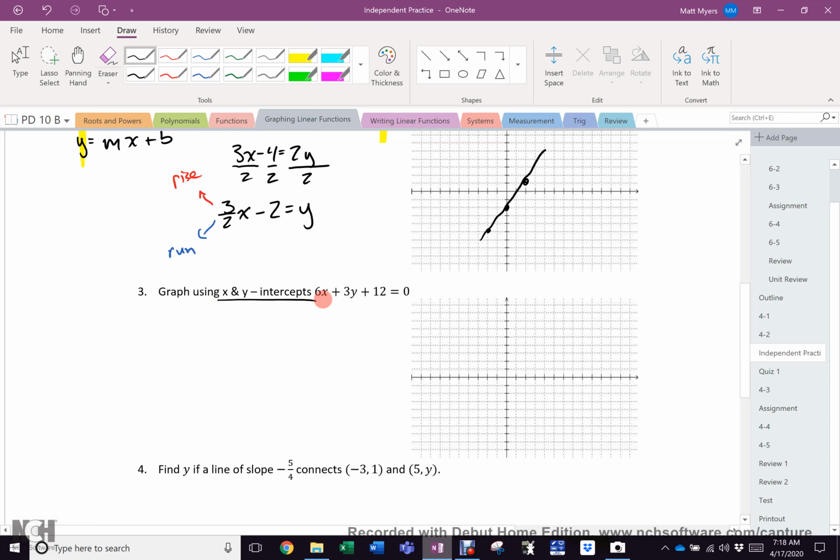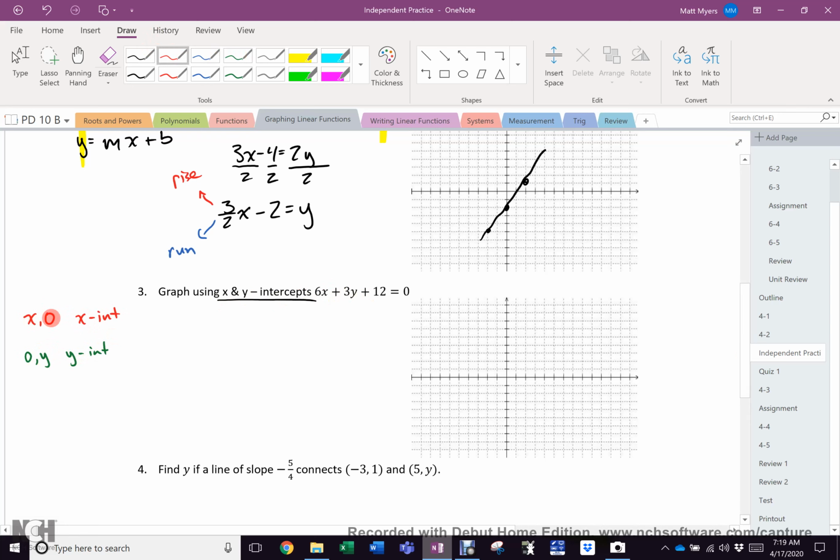X and y intercepts for this, we remember that it is x comma 0 is my x-intercept, and 0 comma y is my y-intercept.